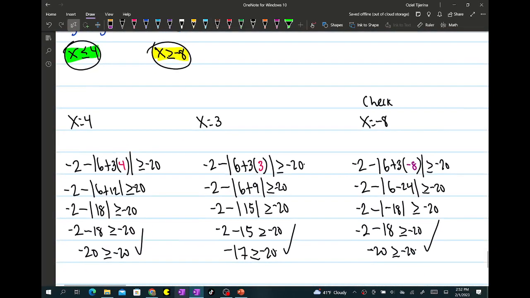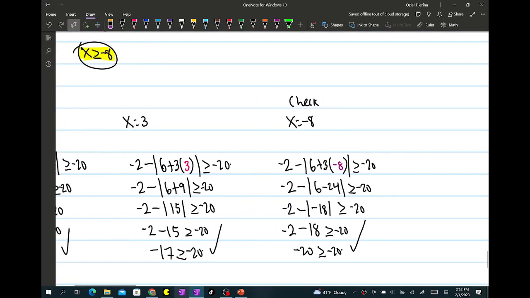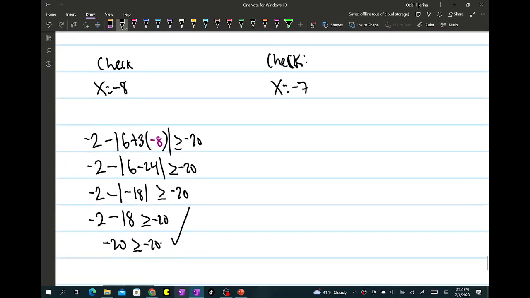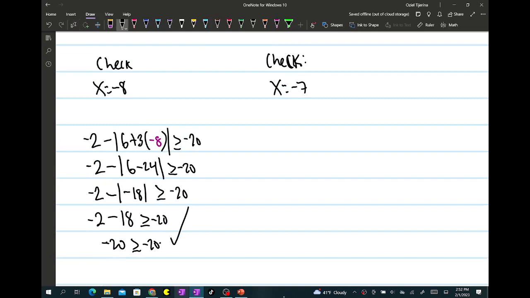Now we're going to do something that's greater than negative 8. So we're going to check x equals negative 7. So when we do negative 7, negative 2 minus the absolute value of 6 plus 3 times negative 7 is greater than or equal to negative 20.